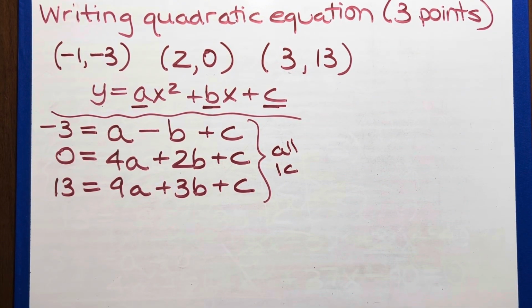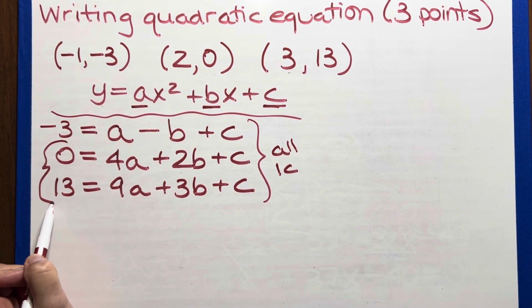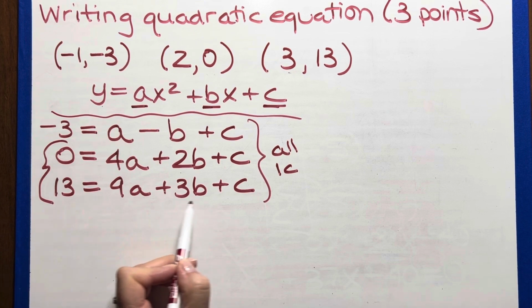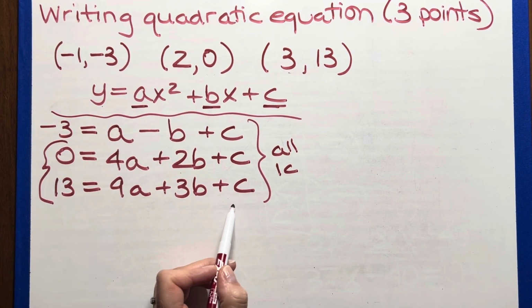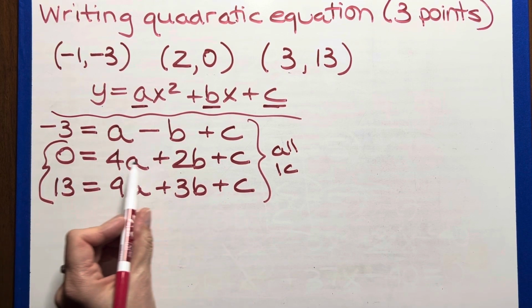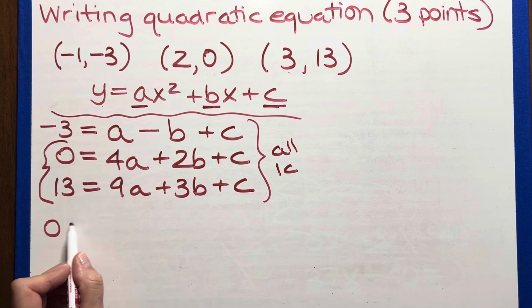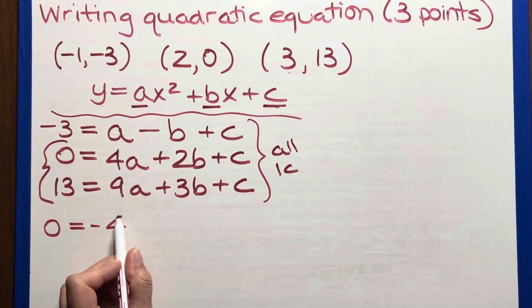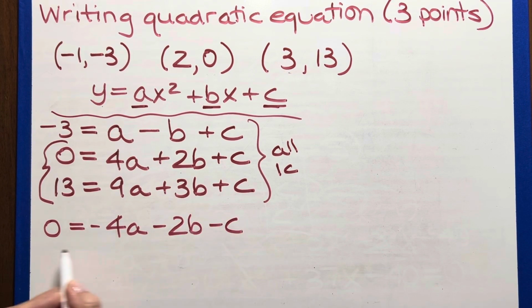I think what I'm going to do first is take these bottom 2 equations, and I'll leave the 13 equals 9a plus 3b plus c by itself. And I'm going to multiply this equation through by a -1. That doesn't change my 0, but I'll get -4a minus 2b minus c.